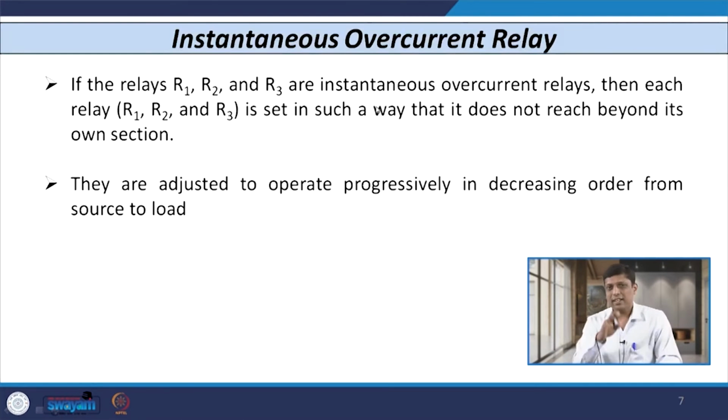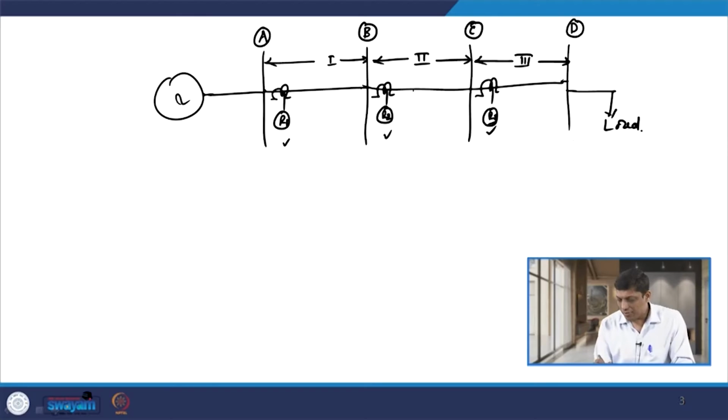For this case, let us assume that all the 3 relays R1, R2, R3 are instantaneous overcurrent relays, and each relay operates for a fault within its own section. That means, if any fault occurs in section 2, let us say F2, then relay R2 has to operate, and the other 2 relays R1 and R3 do not operate.